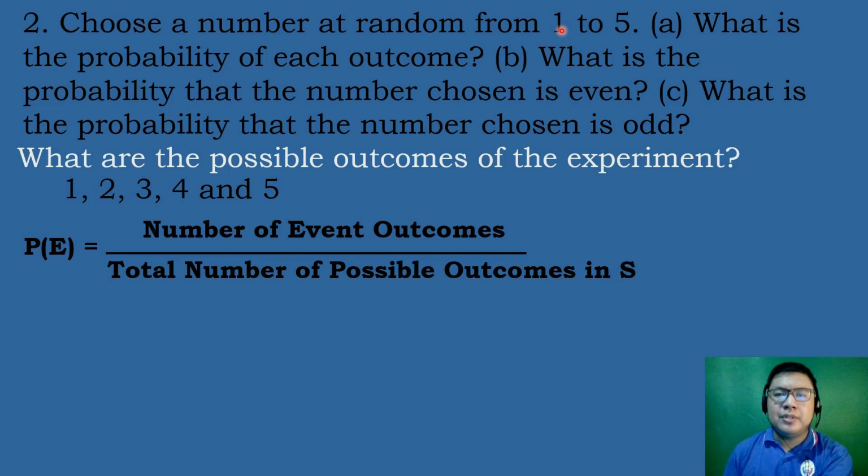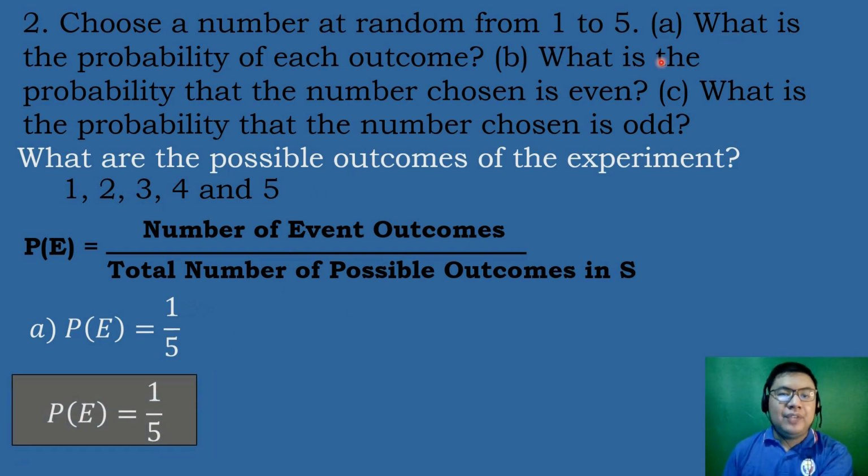Since the numbers 1, 2, 3, 4, and 5 will only occur once, they will be equally likely to occur in the experiment. So the number of event outcomes will be equal to 1, all over the total number of possible outcomes in the sample space, which is equal to 5. So the probability of each outcome is equal to 1 over 5.